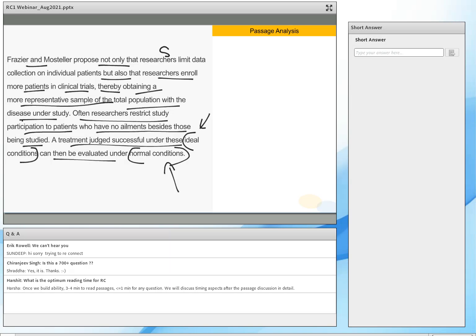So what F&M is saying is that rather than just singling out those people who have only that particular ailment that you are studying, incorporate more people. Why? What will be the result of that?